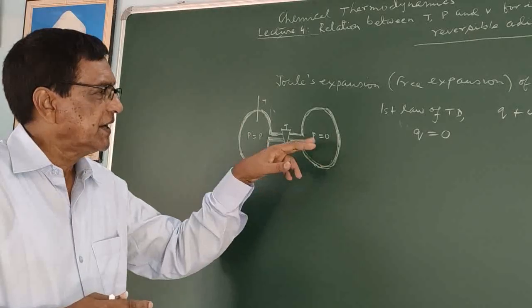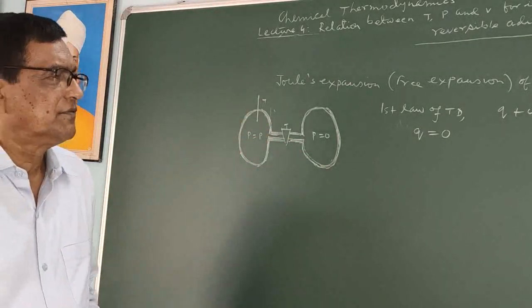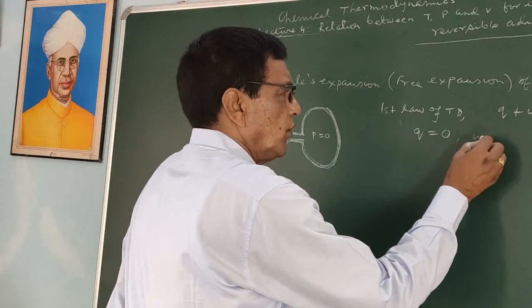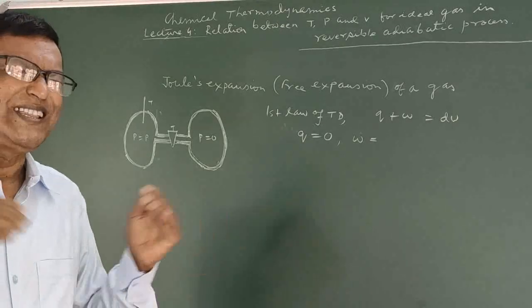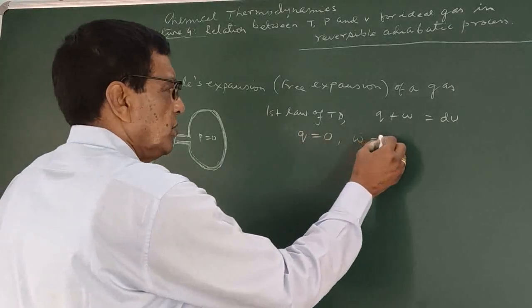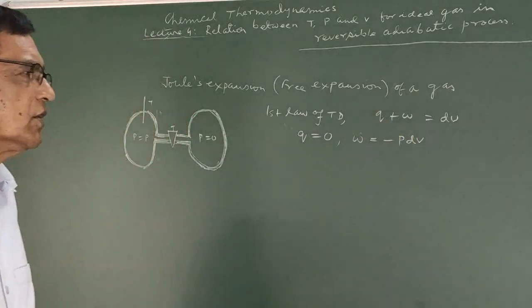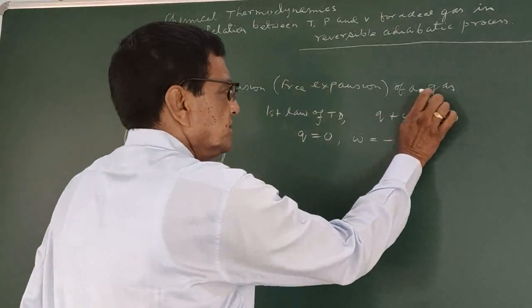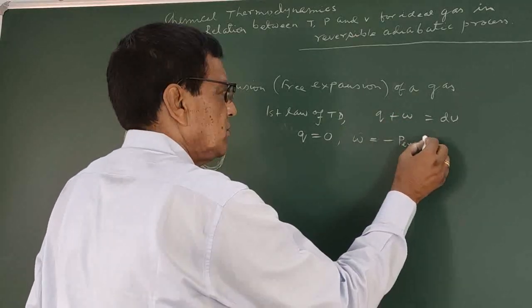No heat can enter into this system or this bulb. And W, if W is the work done by the surroundings, will be minus P dV. This P is the external pressure into dV.